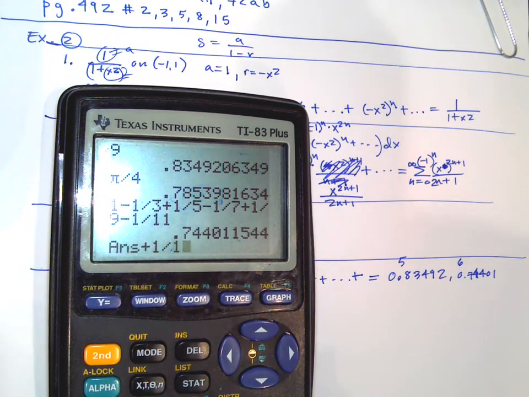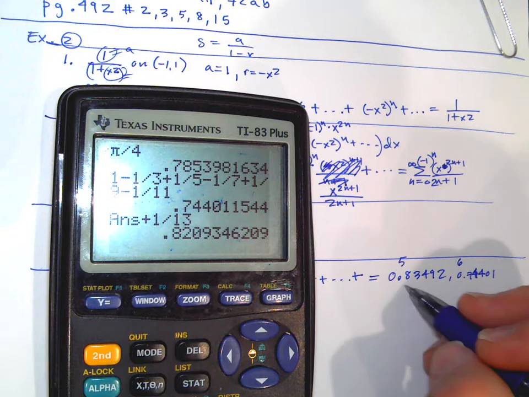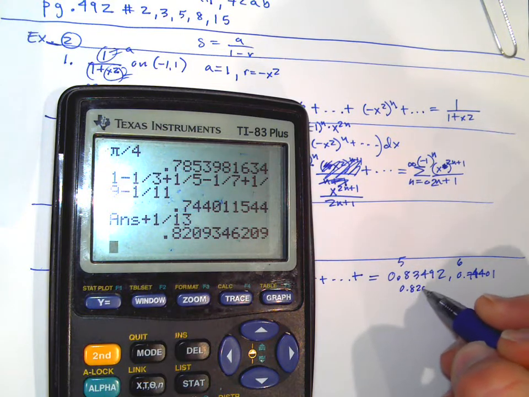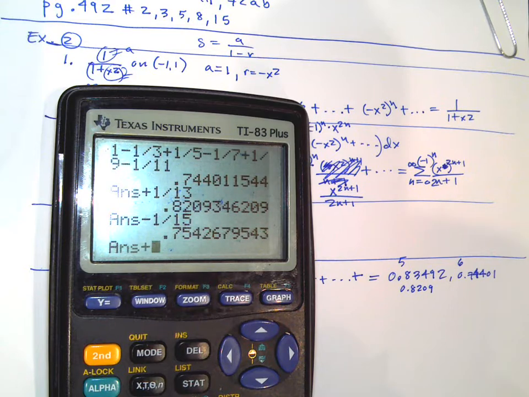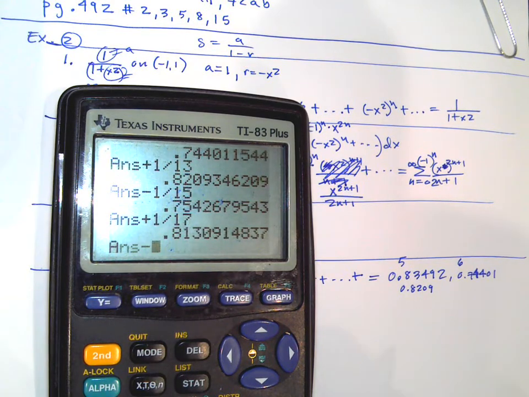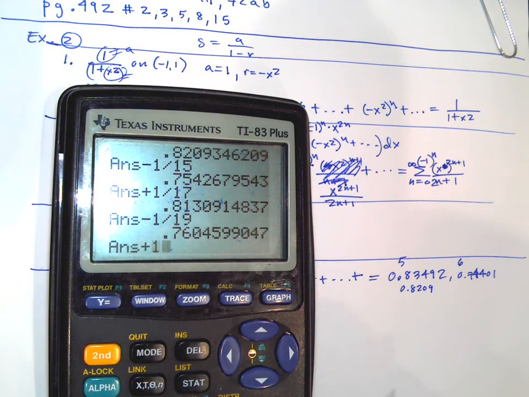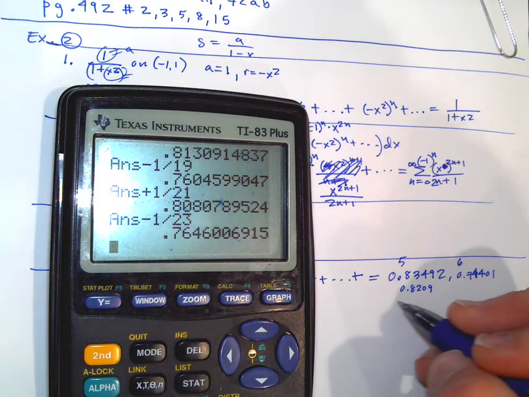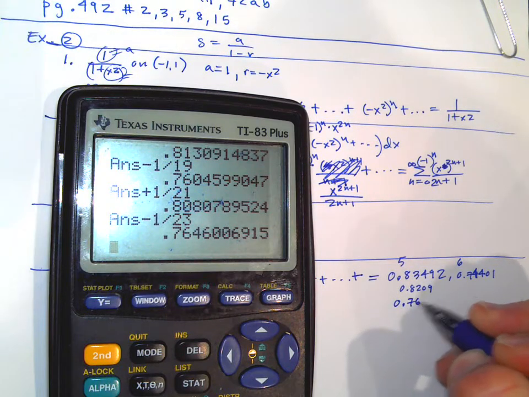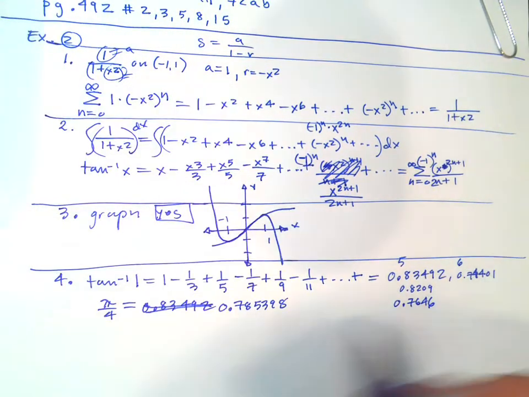Add 1/13. Subtract 1/15 plus 1/17 minus 1/19 plus 1/21 minus 1/23. So it's getting closer and closer to this value.